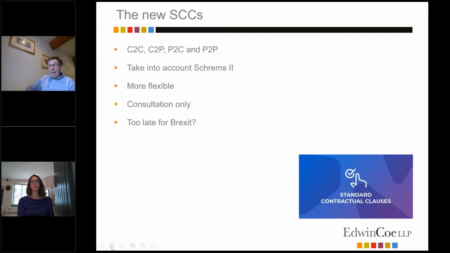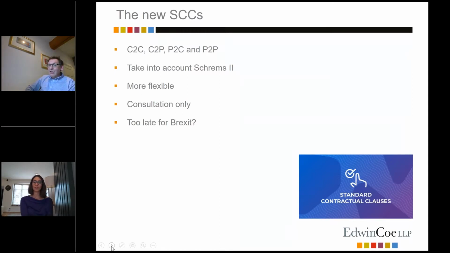So the timing is rubbish. The timing is very unfortunate. So as a UK business, you may well be putting in place an old style standard contractual clause now, and then in the next 12 months, you may well be updating it to incorporate these new standard contractual clauses.